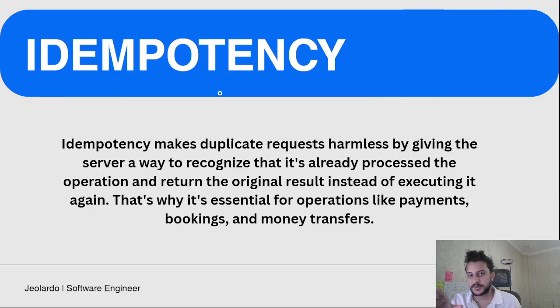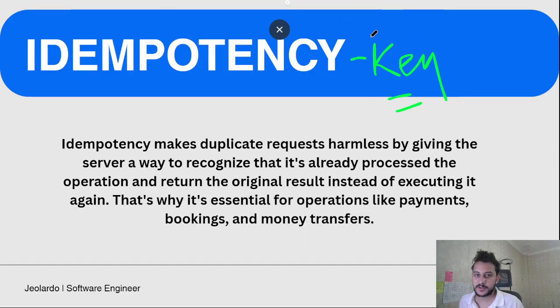the server doesn't handle this request. And how does the server know? The server knows by the idempotency key. When you make a new request for the first time, it generates this key.